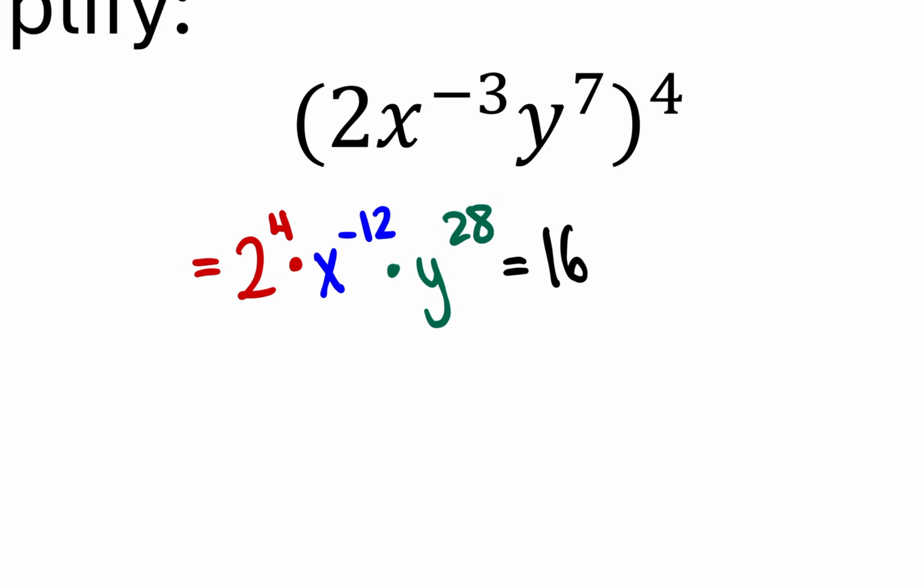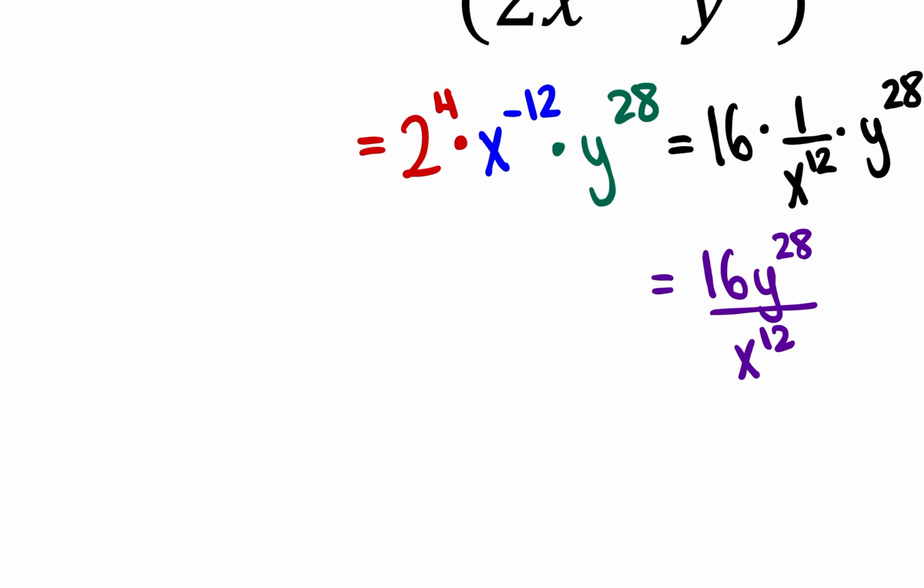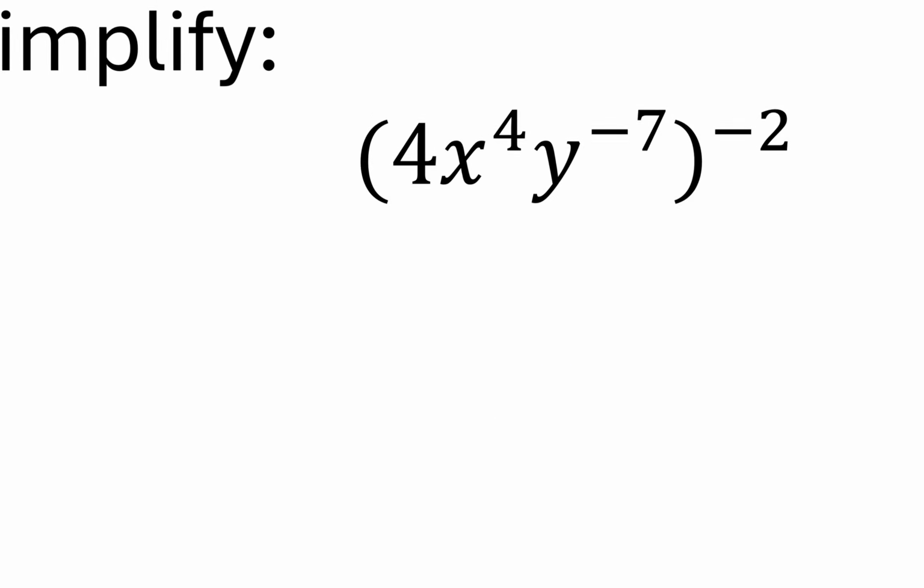So we have 16 times 1 over x to the positive 12 times y to the 28. And this will simplify further to give us 16 remains on top, y to the 28, all divided by x to the 12. Okay, let's move on to the next question type.